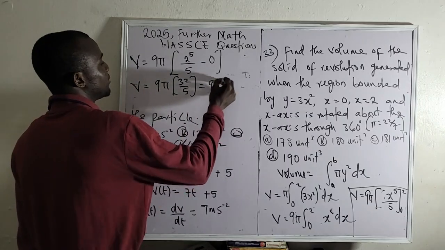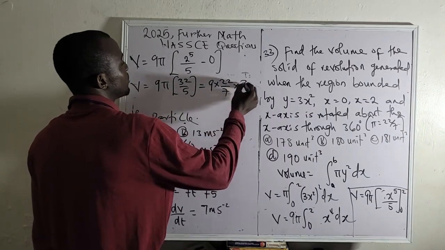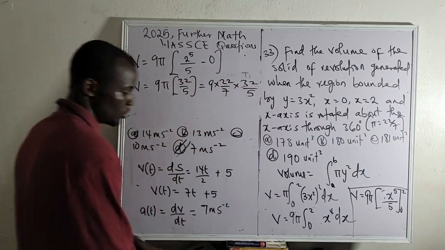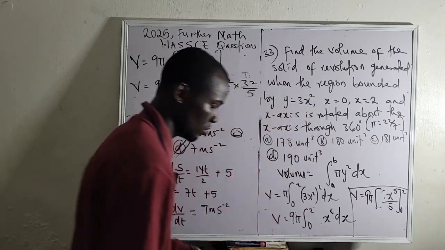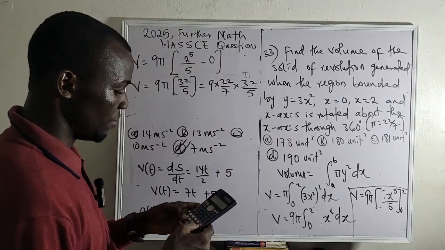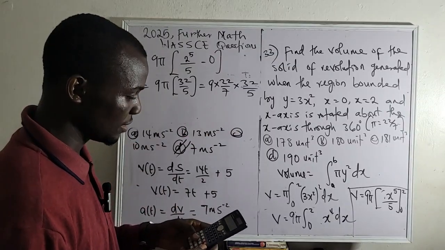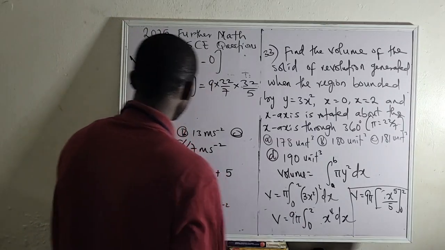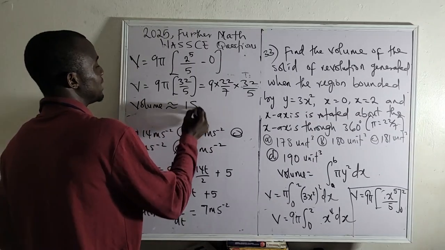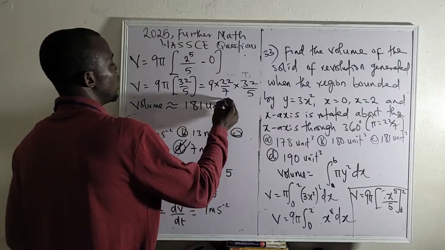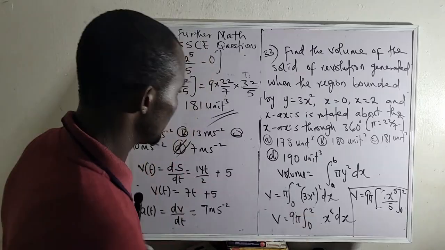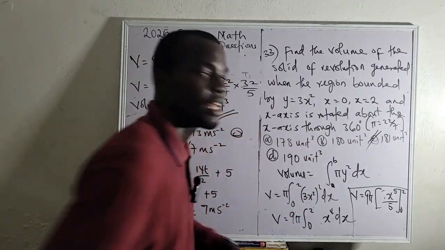This is 9 times 22 over 7 times 32 over 5. Let me take my calculator. We have 9 times 22 times 32, divided by 7 times 5, which is 35. We have the volume to be approximately 181 units cube, and that becomes our answer, and that will be option C. So that is it.